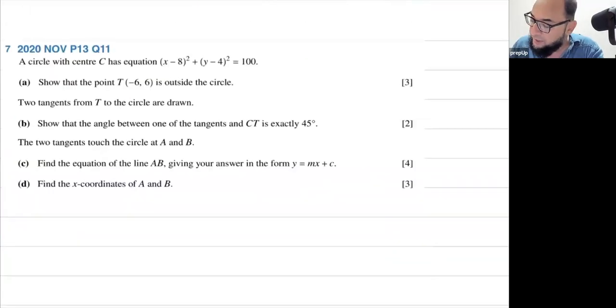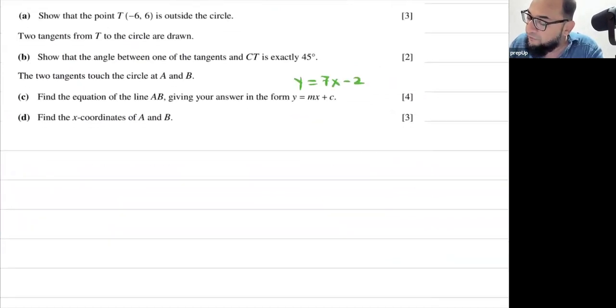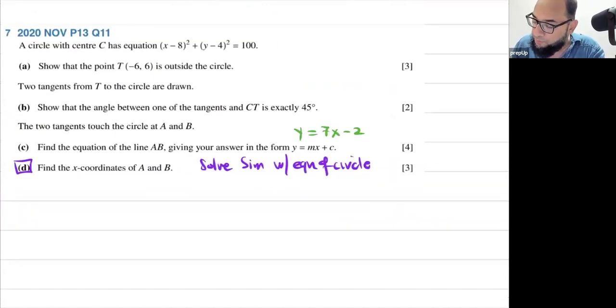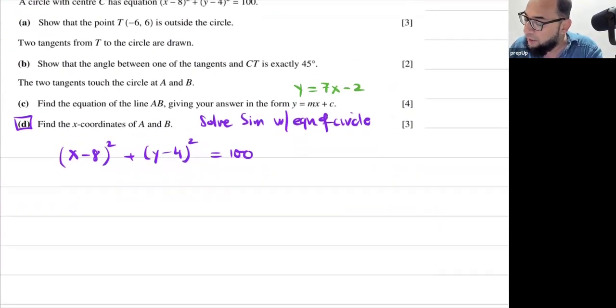Let me write it over here. y equals 7x minus 2. And then for this particular part, solve simultaneously with the equation of the circle, which is given at the top, x minus 8 whole squared plus y minus 4 whole squared equals 100. So just plug this thing in. y is equal to 7x minus 2.